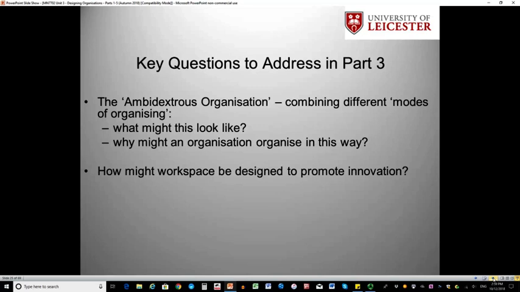What might it look like? And why might an organisation organise in this way? And second, I want to look at how workspace design might promote or hinder innovation and creativity. So those are the 2 key questions I want to address in this part.